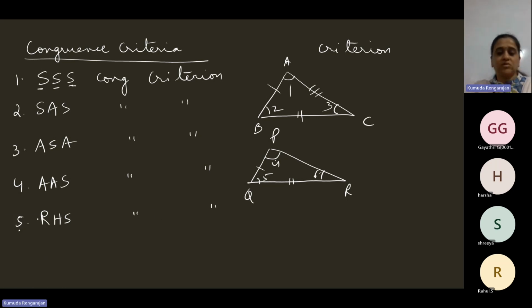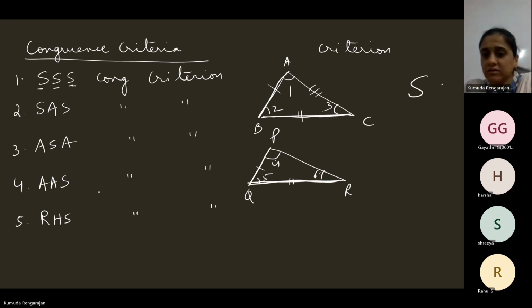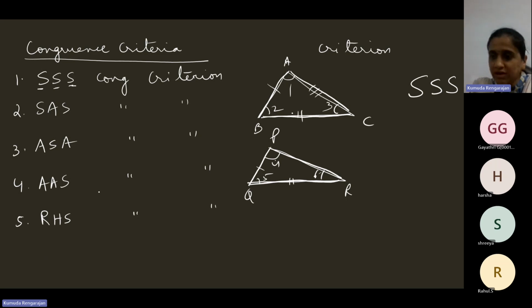So if you know that AB is equal to PQ, that is 1 S. And BC is equal to QR. And AC is equal to PR. Then these two triangles are congruent by the SSS congruence criterion.